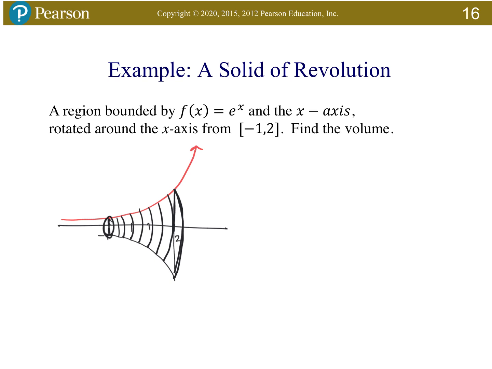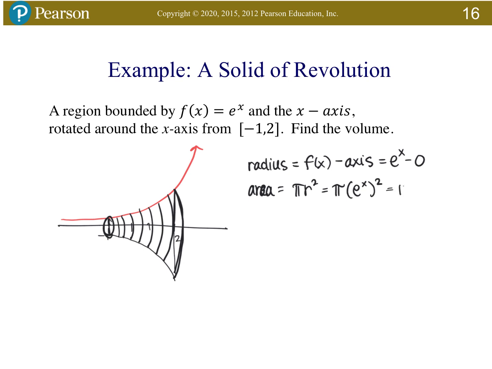All right, so I set my radius up first because this is round. So my radius is going to be f of x minus the axis. So for this one, it'll simply be e to the x minus 0. So then the area is pi times r squared, or pi times e to the x quantity squared, which is e to the 2x.